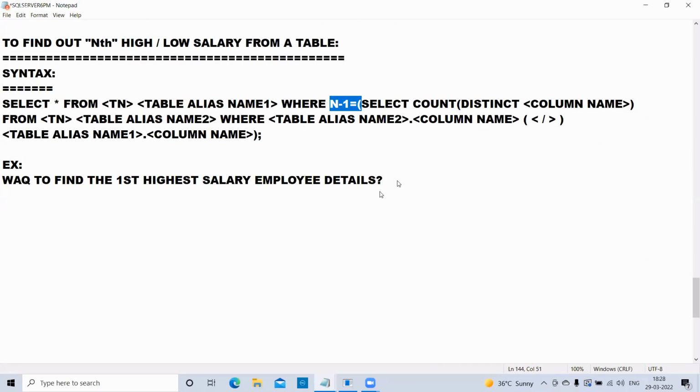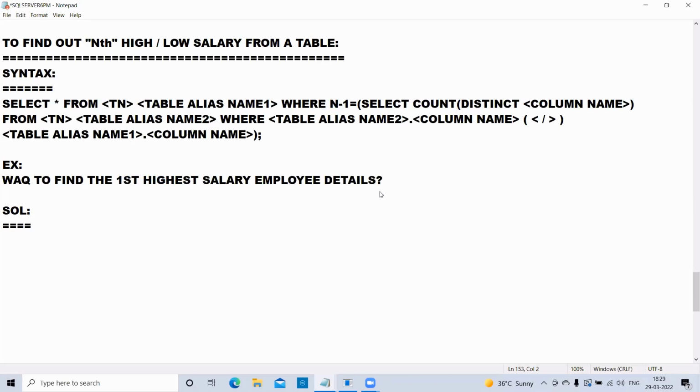Before you write your query, the first step: the main formula here is n minus 1. Here, the n value means which highest or lowest you are finding. That is what we call the n value. For the first highest, my n is equal to 1.